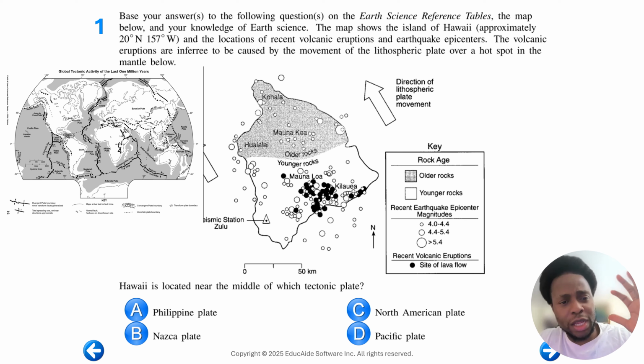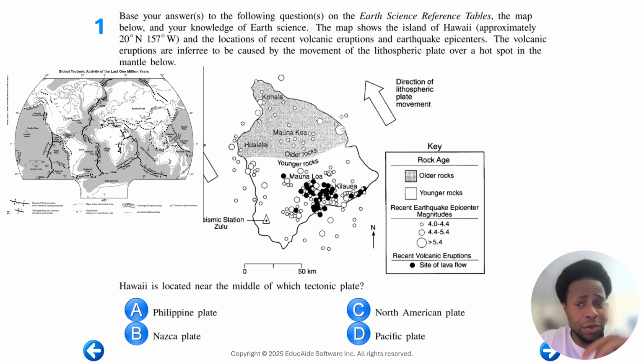Now I've put the page number 12 on the screen here so that we can make reference to it as we answer these questions. Question number 1 says, base your answer to the following question on your Earth Science Reference Tables, the map below, and your knowledge of Earth science.